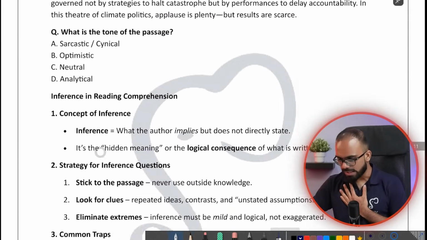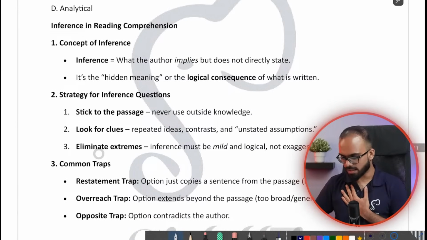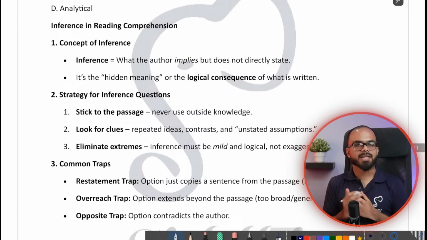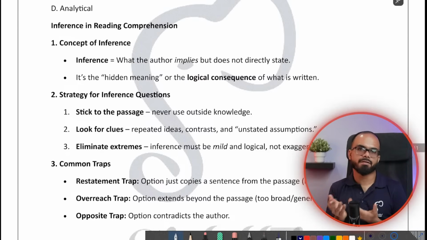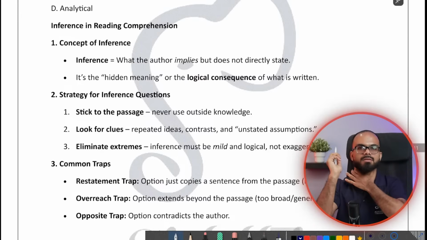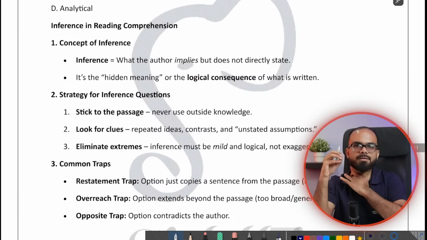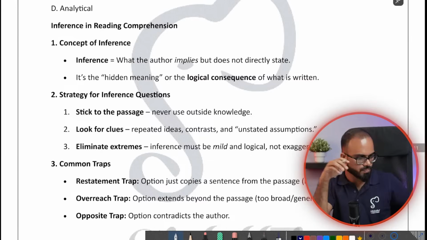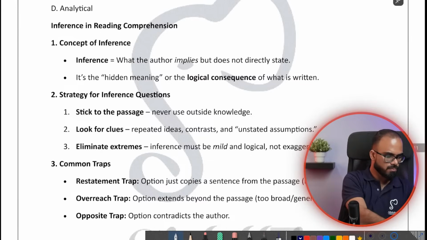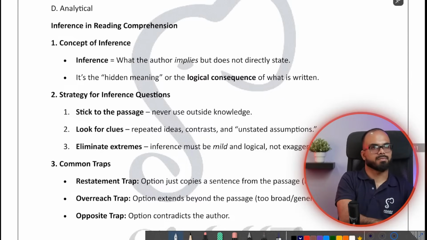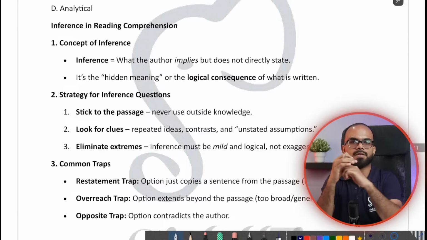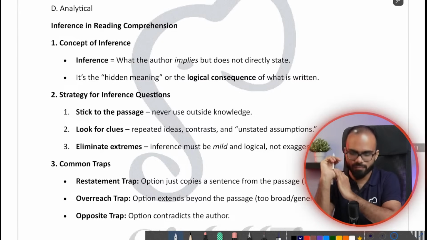Now, let us look at the next topic, very tricky topic, that is inferences. Please tell me, what is the meaning of inference? What is the meaning of inference? Siddhananda, are you from Karnataka?